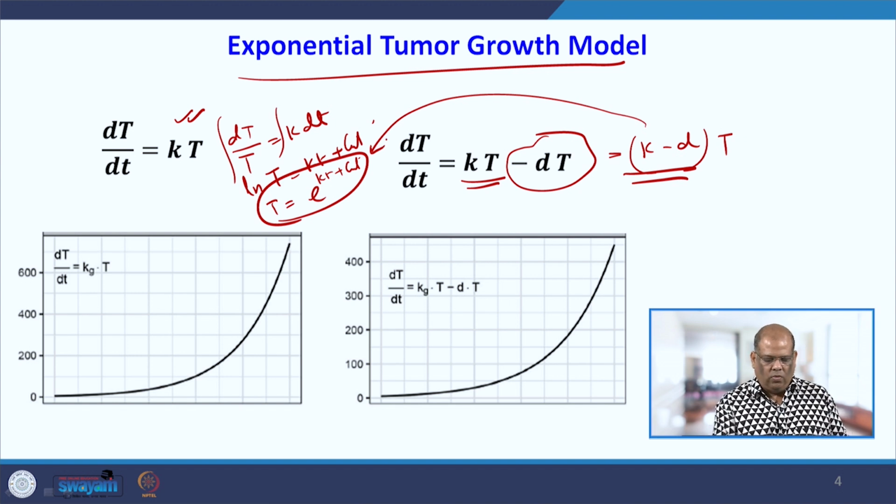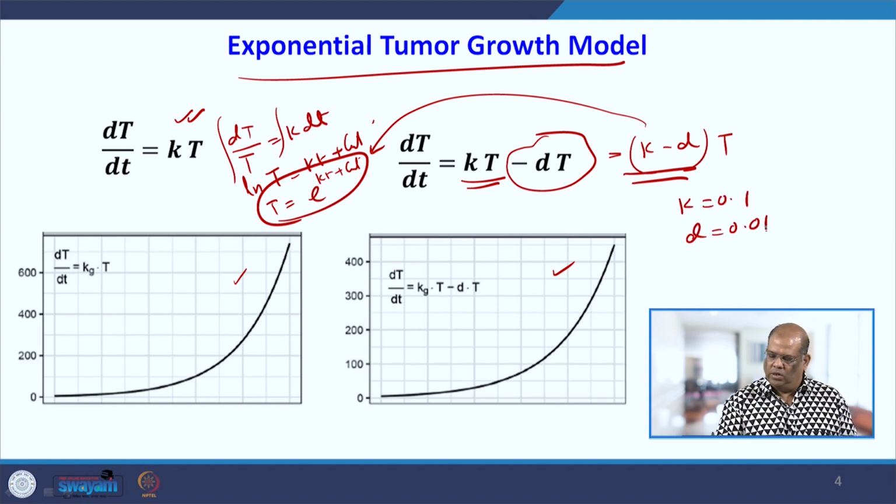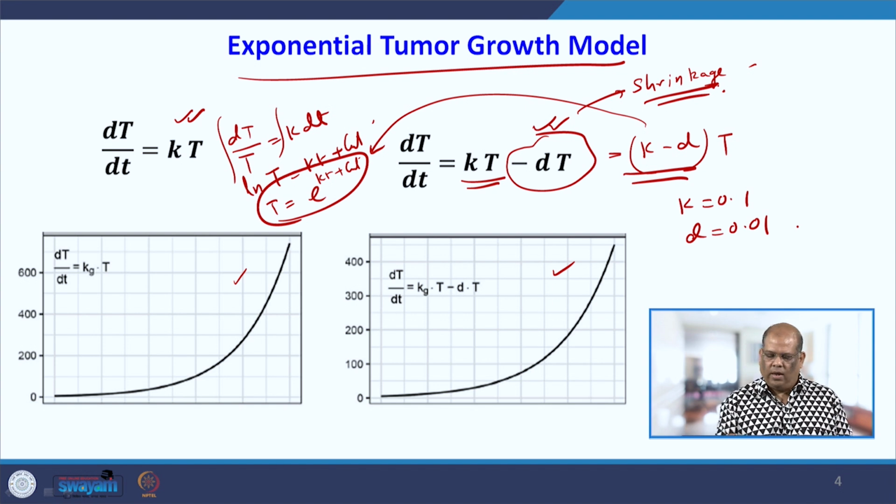So, these are the two graphs that you will get for the tumor growth model, and in this particular case we take the value of k to be 0.1 and d as 0.01. This particular thing is also known as shrinkage. But an easy way to remember is that this is caused by the natural death of the tumor cells.